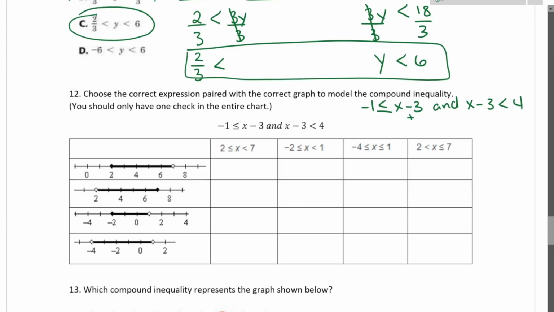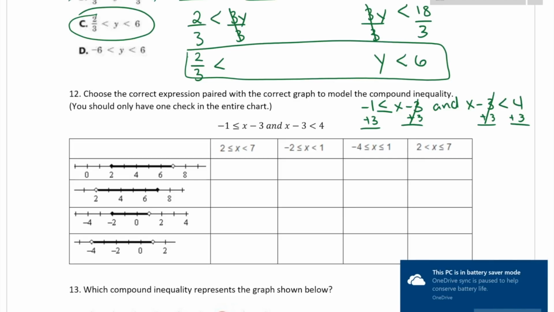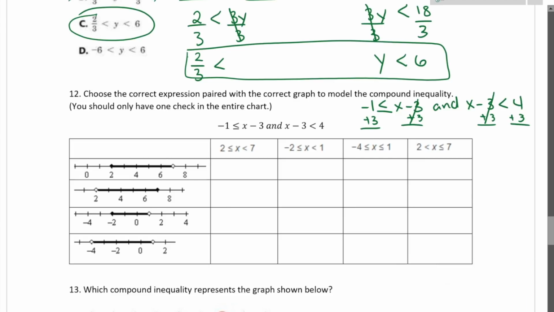So let's do this: add 3, add 3, add 3, add 3. Cross out my 3's. -1 plus 3. While you had $3, you paid $1. That is 2. 2 less than or equal to, sorry, x, not y.